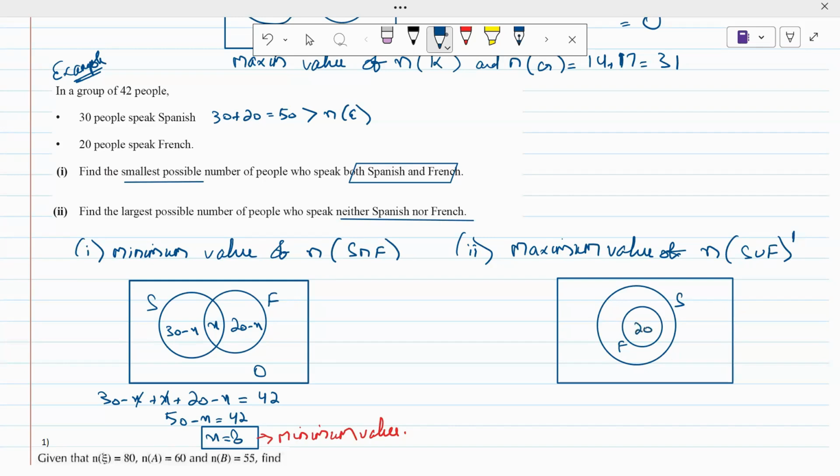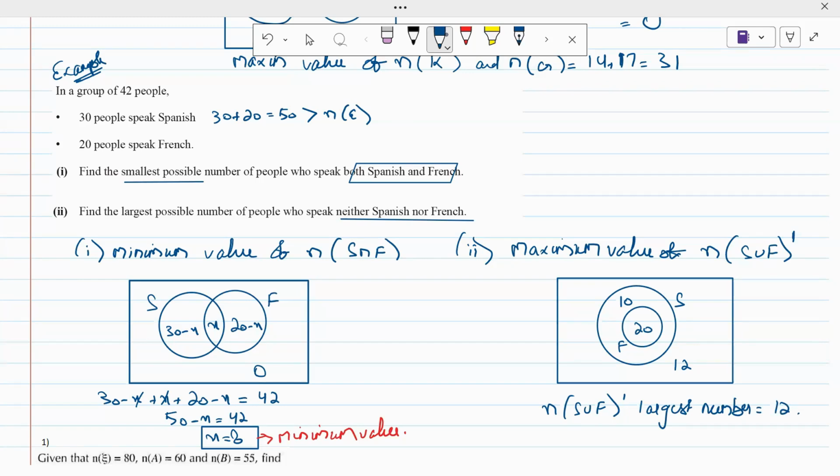French is 20. Remainder 30 minus 20, 10 comes here. And now the remainder from the universal, which is 42. So 42 minus 30 is going to be 12. So n of S union F whole complement, the largest number, is 12.